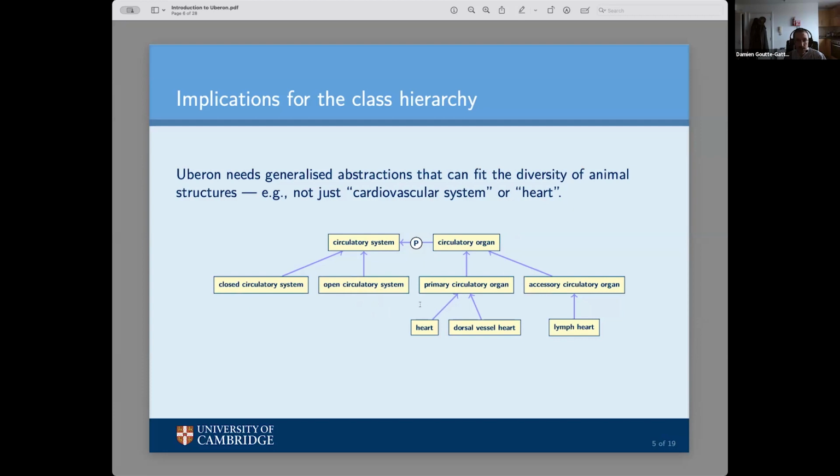And similarly, instead of simply a term for heart, which would only describe the vertebrate heart, we need a more general term such as circulatory organ, which will cover basically any kind of organ that can pump a substance within an organism. And so the Uberon general term for heart is what we call the primary circulatory organ, which covers the cases of the vertebrate heart, but also the dorsal vessel heart, which is the equivalent of a heart in arthropods, such as, for example, in fruit flies.